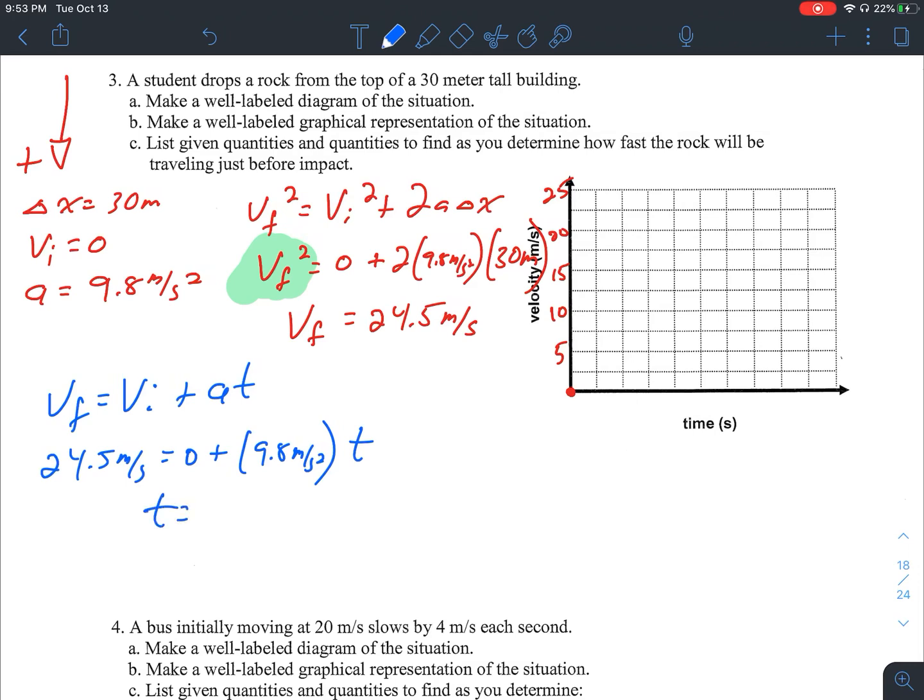So that's going to give us a time of 2.5 seconds.